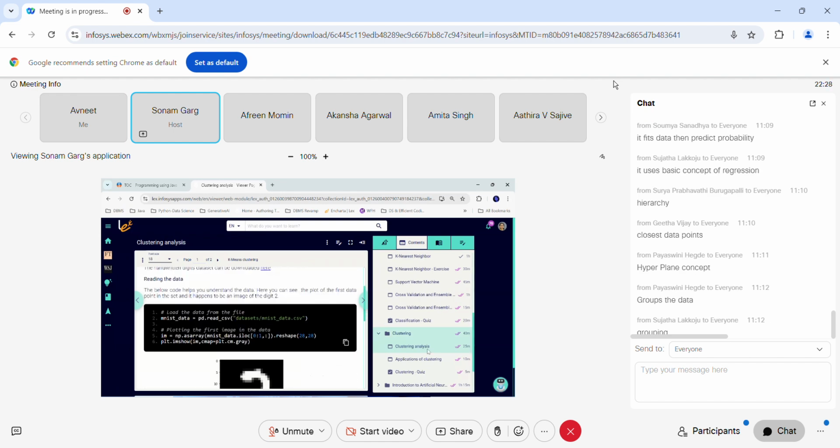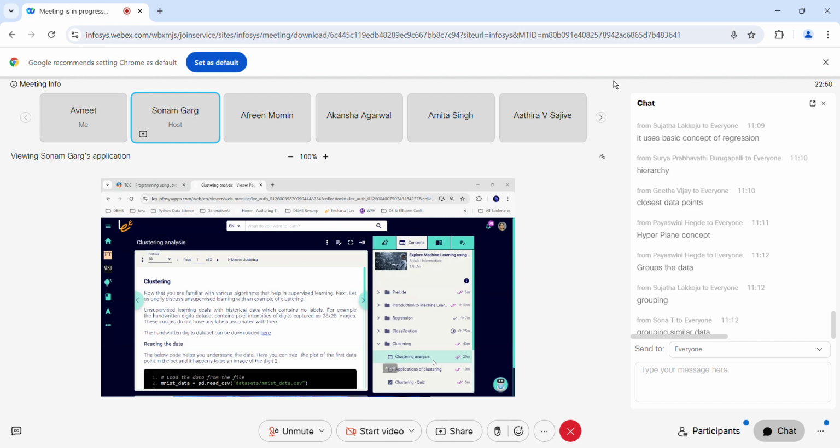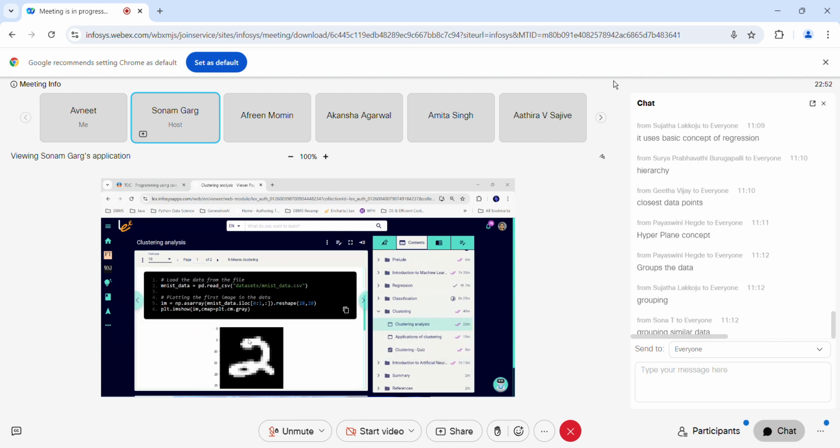So yeah, I think today we have to start from clustering. We didn't discuss this, no?